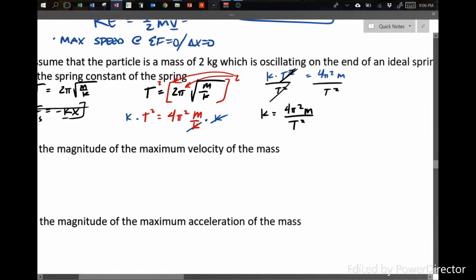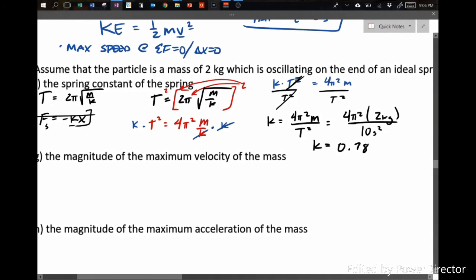So, plugging in our numbers, that's 4 pi squared times 2 kilograms divided by 10 seconds squared. So we can plug that into our calculators rather easily, and we end up with a k of 0.78 newtons per meter.